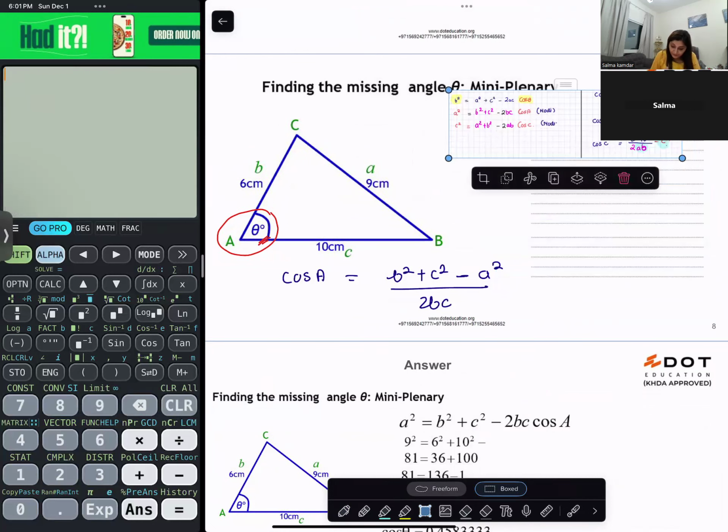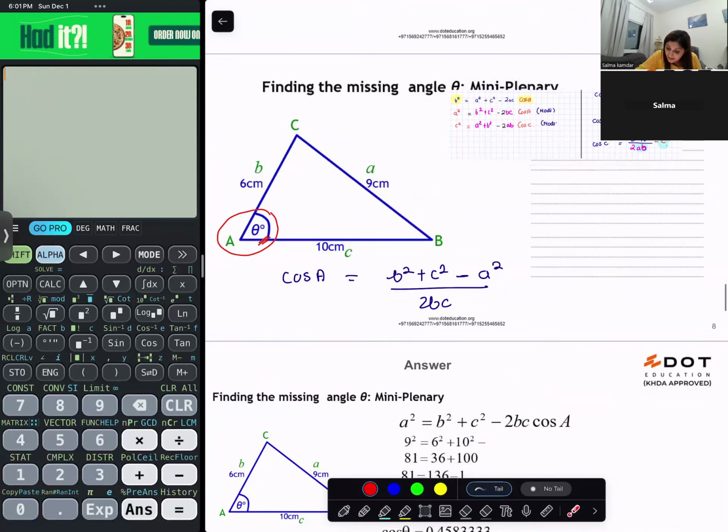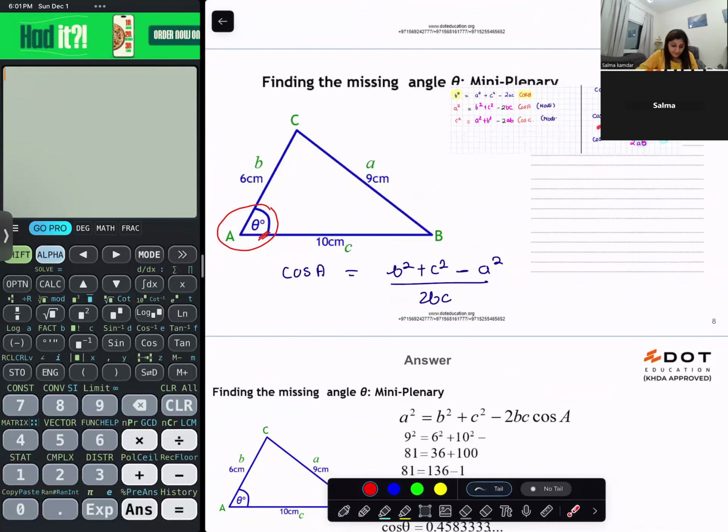So what do you have to do? I'll just put it on my calculator. I want to find cos A. It's a fraction, so I will use the fraction symbol. B square, 6 square, plus C square, plus 10 square, minus A square.